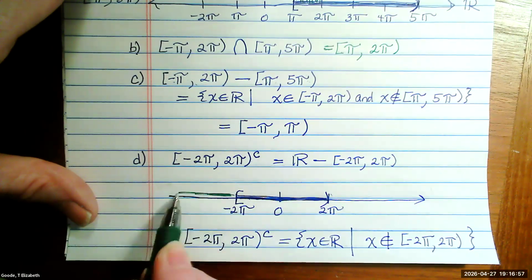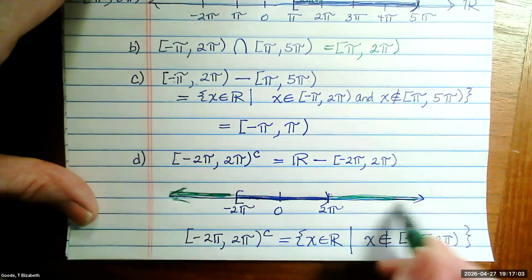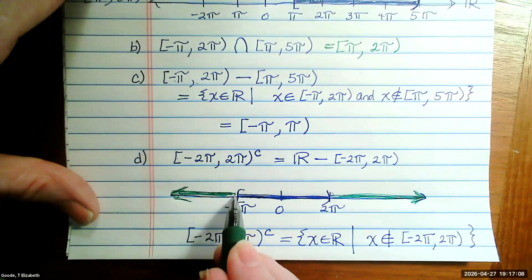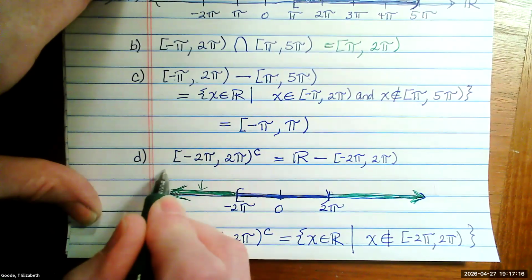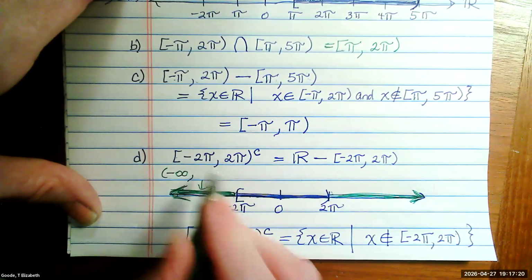It'll be all of these out to the right and the other side forever. And then we have to think about the endpoints. So will it be like negative infinity to negative 2 pi? Yeah, this right here is negative infinity, which is always a soft bracket, to negative 2 pi.